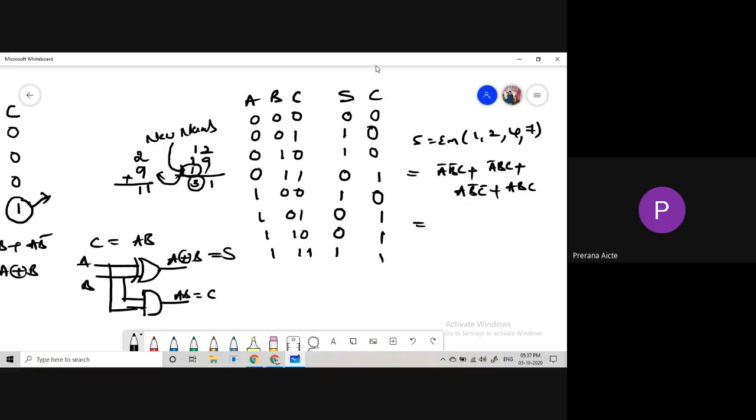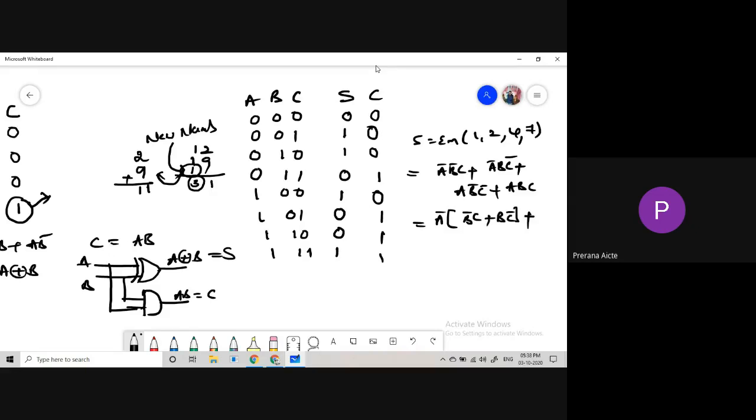So, then coming to here, if you are taking A bar as common term for the first 2 terms, we get B bar C plus B C bar.